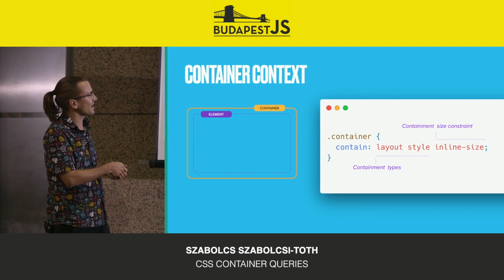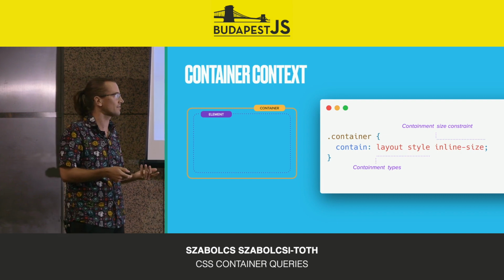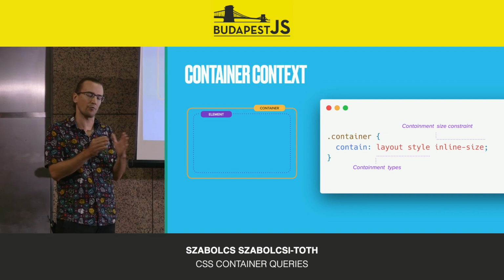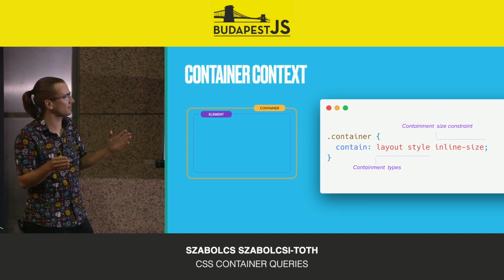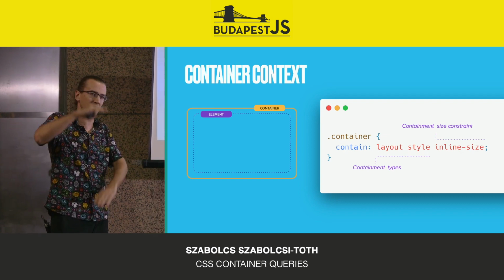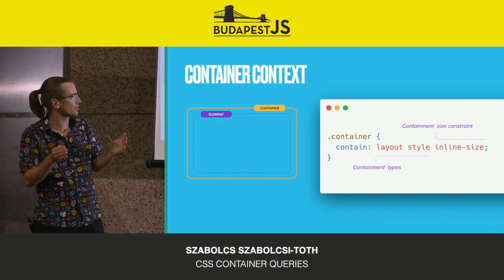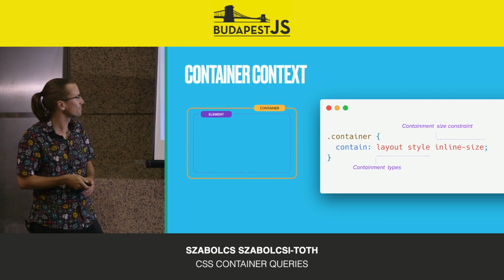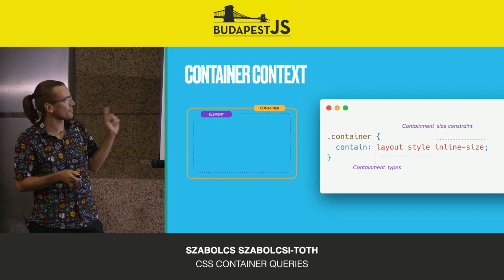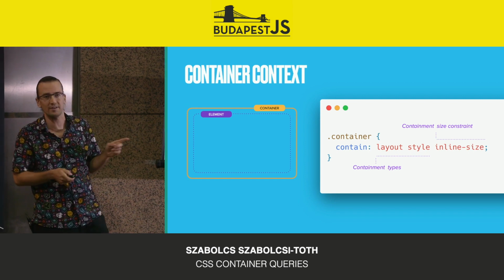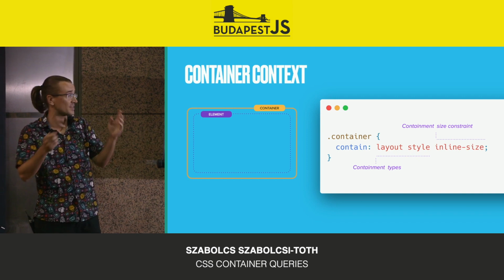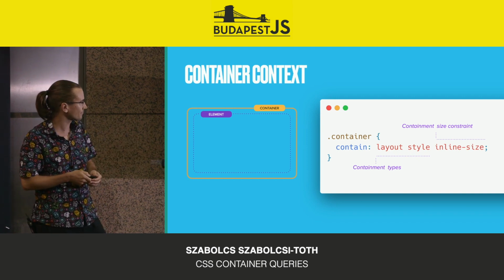And the size will tell you that inline size means it cannot grow in width, it can grow in height, but in width it will be contained within the size limit. In the current implementation that is available today, only the inline size works. The block size doesn't yet, I think.